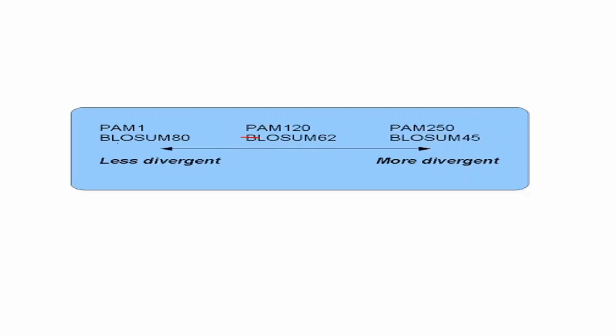When you go for a lower PAM matrix like PAM 1 or a higher BLOSUM matrix, BLOSUM 80 or more, it means your sequences are less divergent and very close to each other.